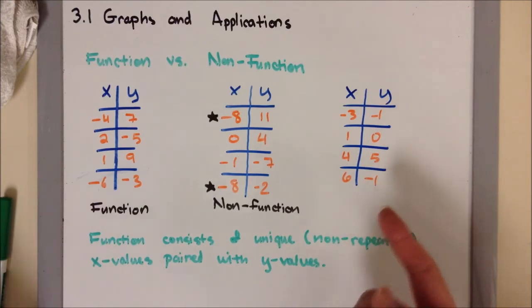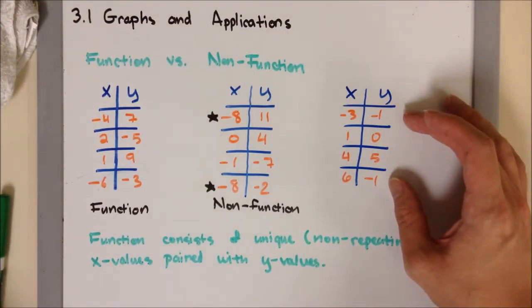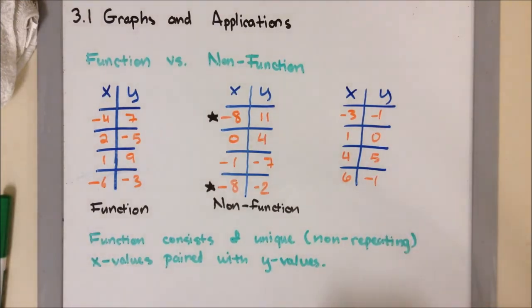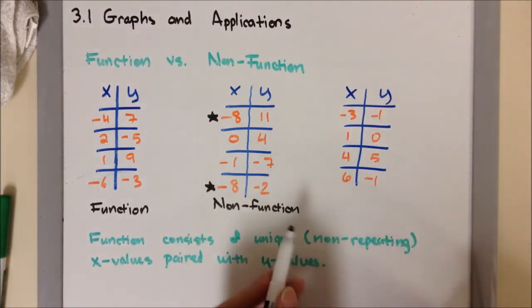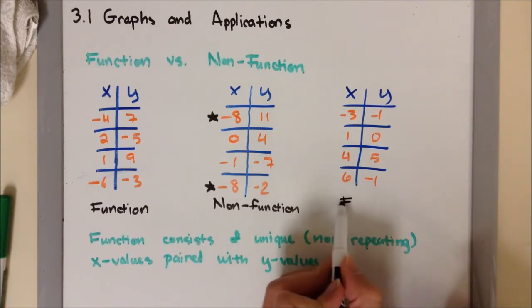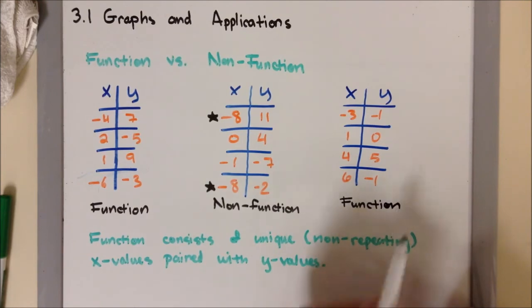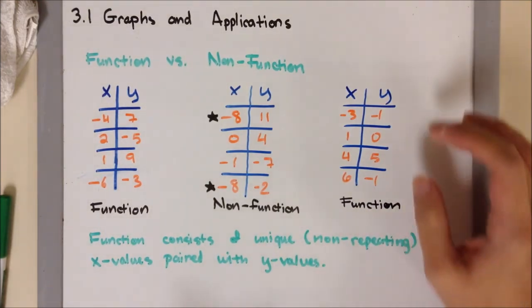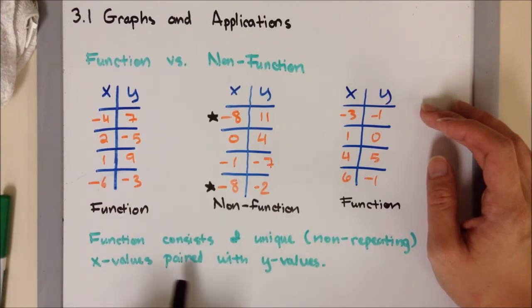So in this example, we notice that there are actually repeating y values. Even though there are repeating y values, this can still be considered a function because of my definition here: a function consists of unique non-repeating x values paired with y values.